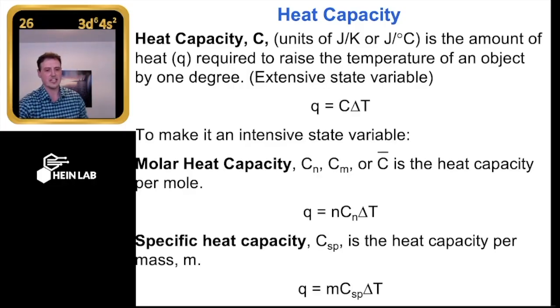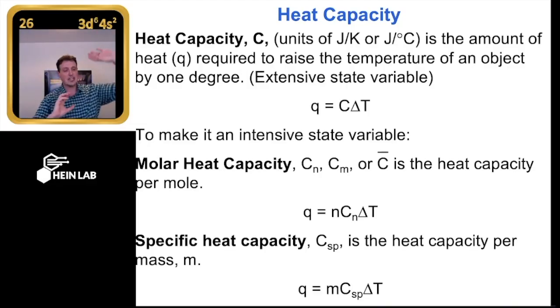That's why the molar heat capacity value has this extra thing, Cn. That now is normalized by 1 mole of that object. That means that if I had the molar heat capacity value of water, I would need to know how much water is here in order to finish my value for how much heat is involved.